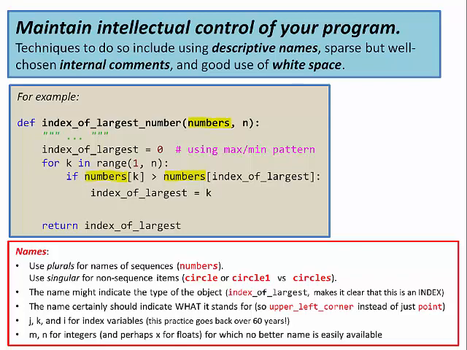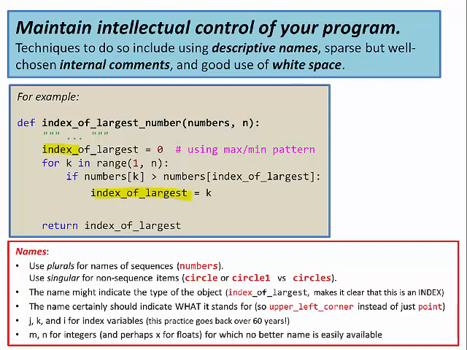You should use singular for non-sequence items like a circle or circle 1. Second, the name might indicate the type of object. So index of largest, that name, is to be an index, something you put inside the square brackets. The name makes that plain. That's not enough, though. The name should always indicate what it stands for.